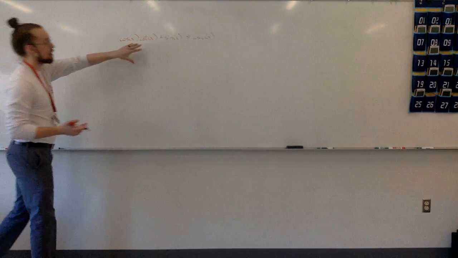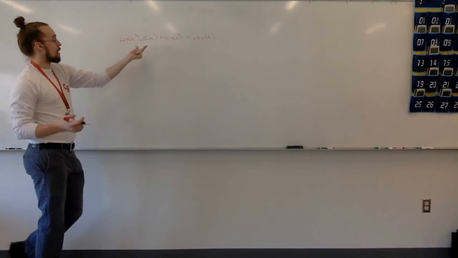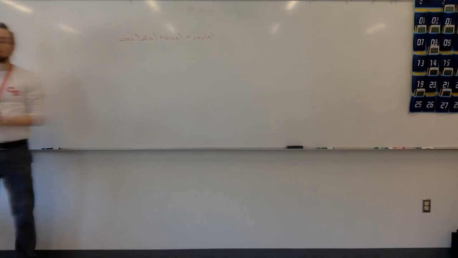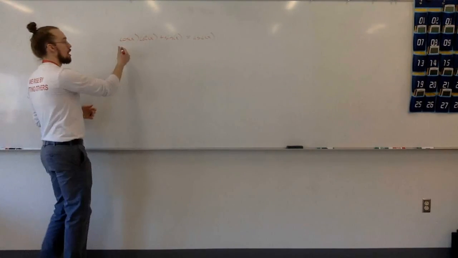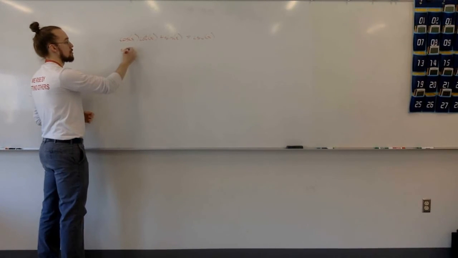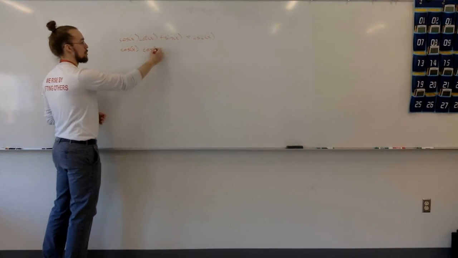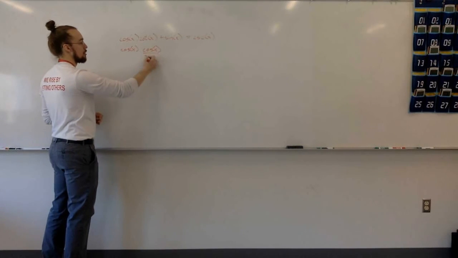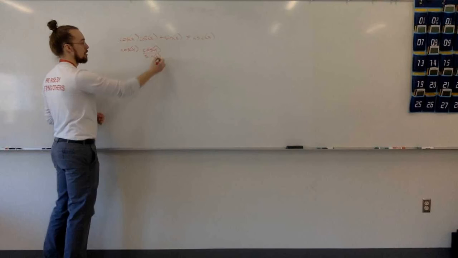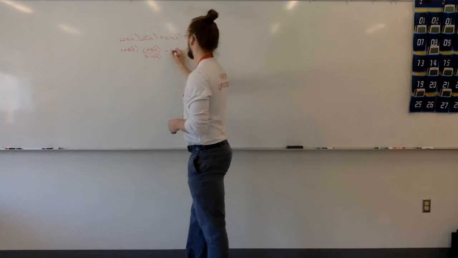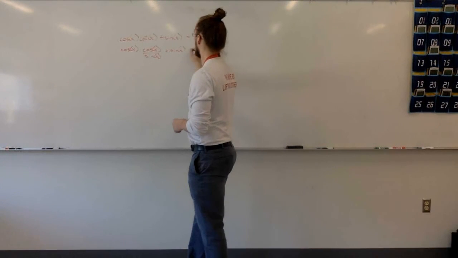If I take this left side of the equation, the only thing I would have to convert is cotangent. So I could rewrite this as cosine of x times cosine over sine plus sine of x.